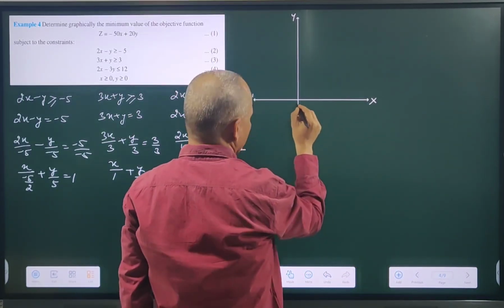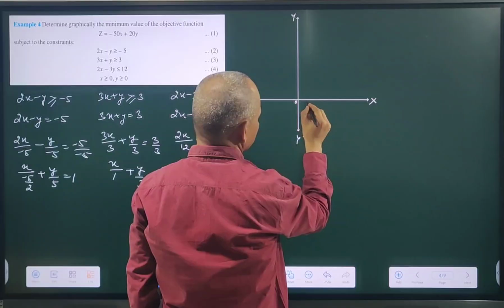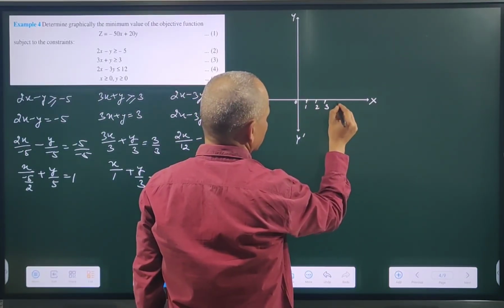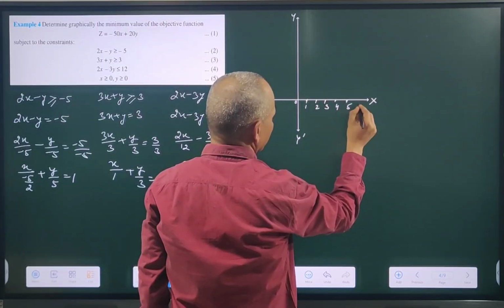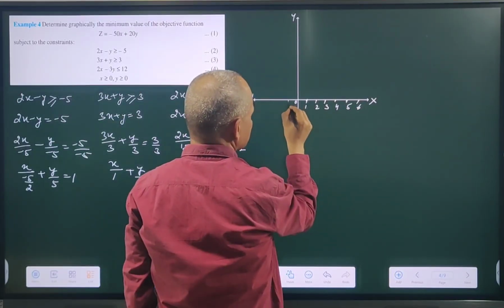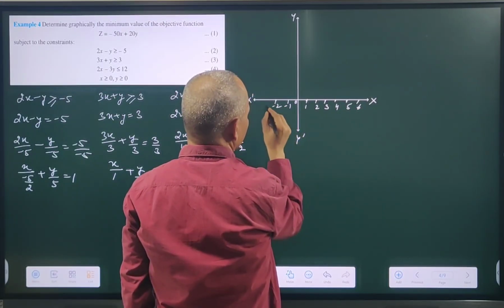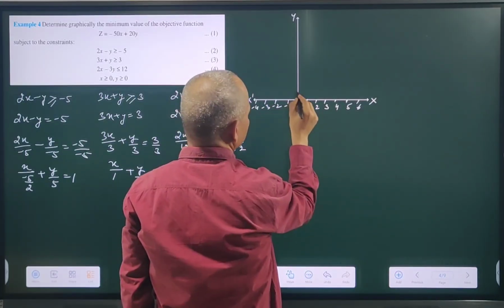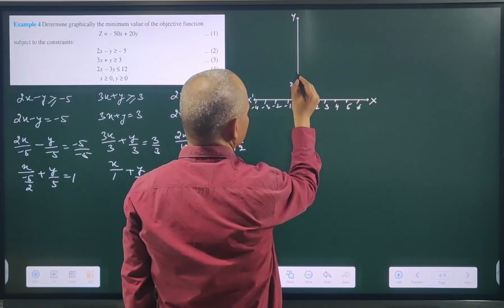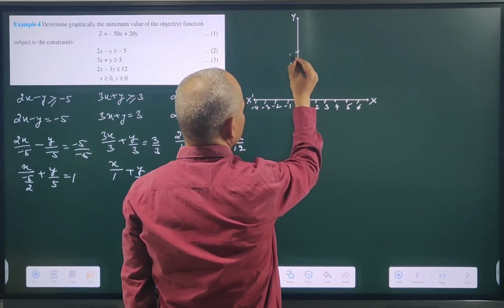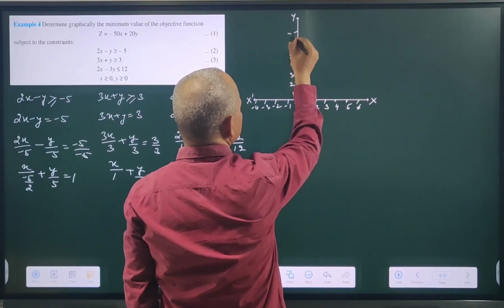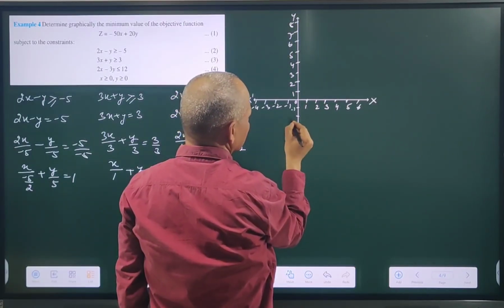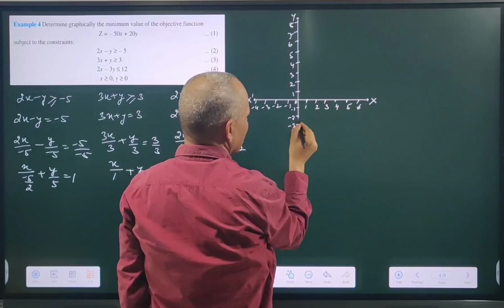So we will mark these points as 0, 1, 2, 3, 4, 5, 6, minus 1, minus 2, minus 3, minus 4, 1, 2, 3, 4, 5, 6, 7, 8, and here it will be minus 1, minus 2 and minus 3.